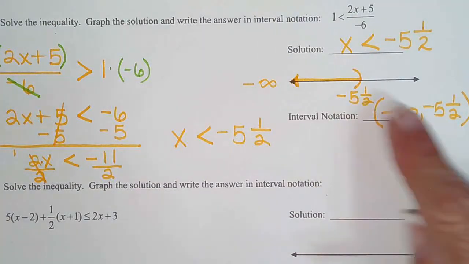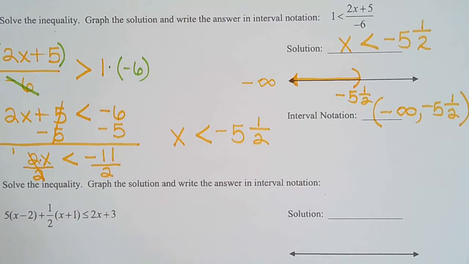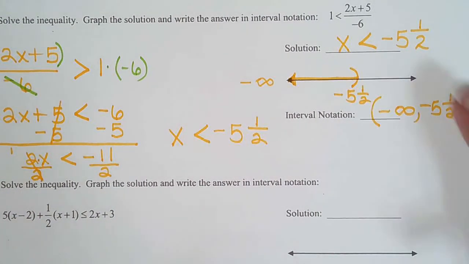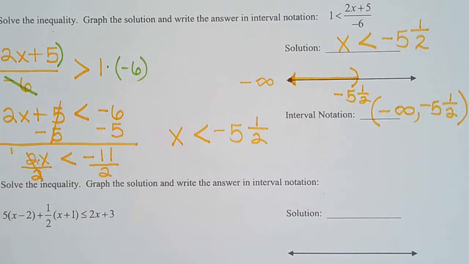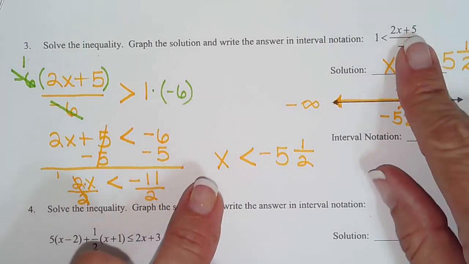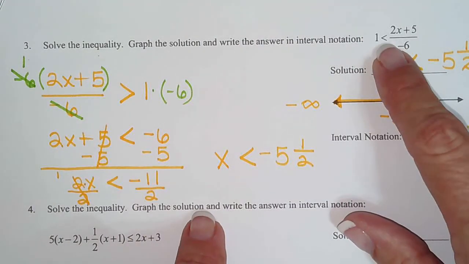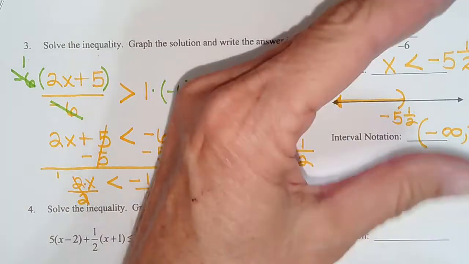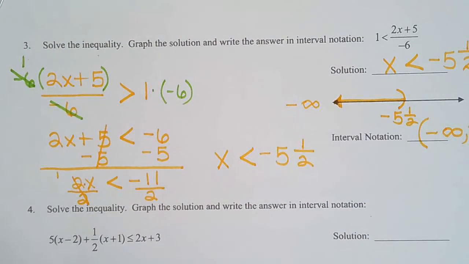Remember, order matters and the symbol you choose matters. So no equal sign, parenthesis, order stays the same. So that one wasn't too bad, but that's a nice little trick. If you see your x on the right, you just flip the whole equation over, but then you have to remember to flip that too. So if it's open to the fraction, when you flip it, it has to be open to the fraction.